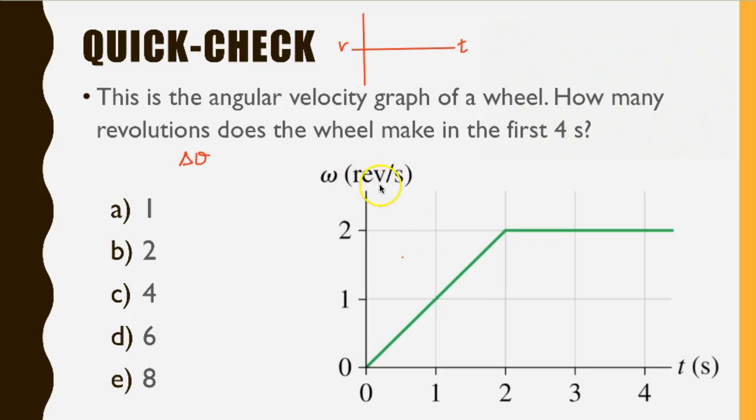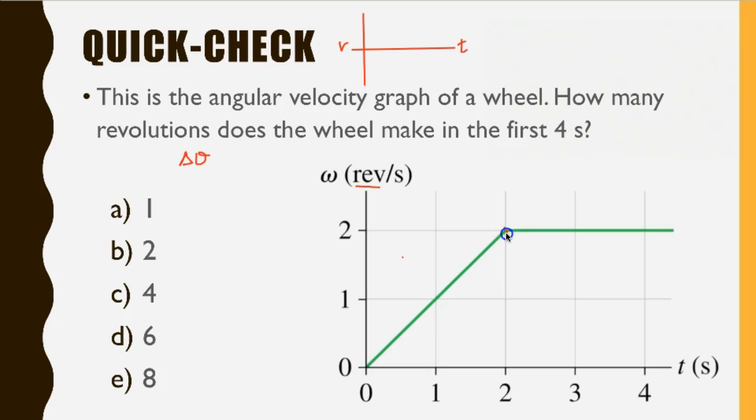If we look at our units here, this is actually not measured in radians per second, but in revolutions per second. So I'm looking for the area underneath this curve. If this was measured in radians per second, I'd still be looking for the area, but then I would need to do some sort of conversion from radians into revolutions. But this is going to make it easy for me, since it's measured in revolutions. So let's see how many revolutions are in the first 4 seconds.